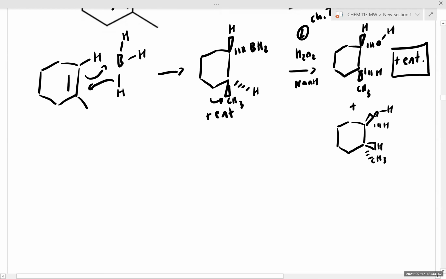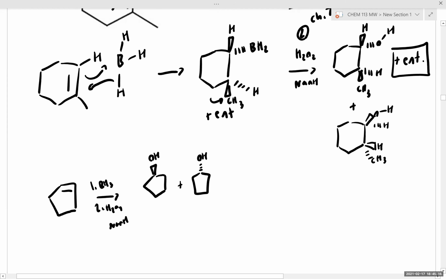So if you have a symmetrical compound, if you're dealing with something like this and you subject it to hydroboration, you're going to get a mixture of alcohols.